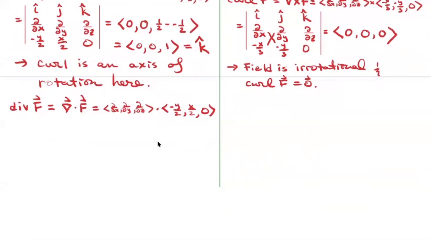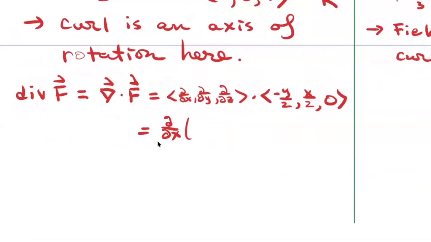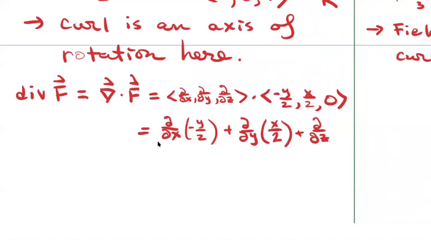So I guess you're going to have the partial with respect to x of negative y over 2, plus partial with respect to y of x over 2, plus partial with respect to z of 0 is 0.